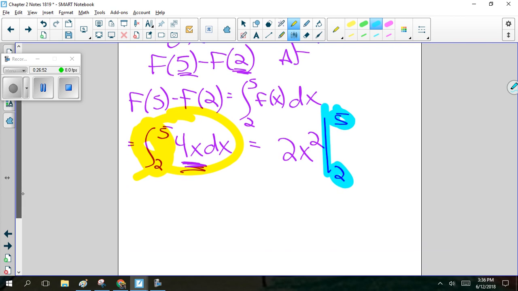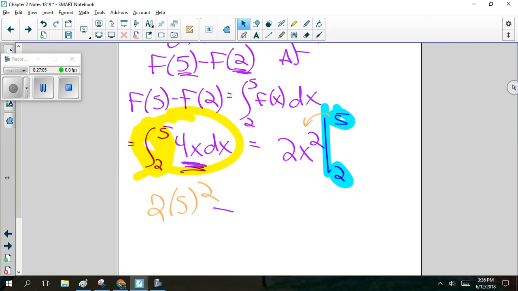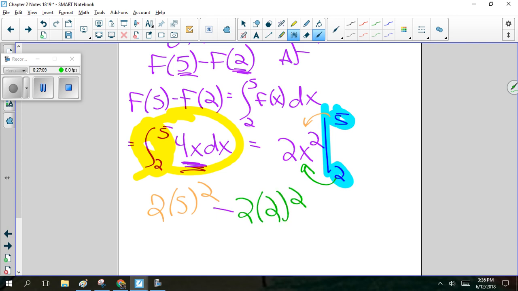Okay? So what I'm going to do is take 5 and put it here. So 2 times 5 squared minus 2 times 2 squared.